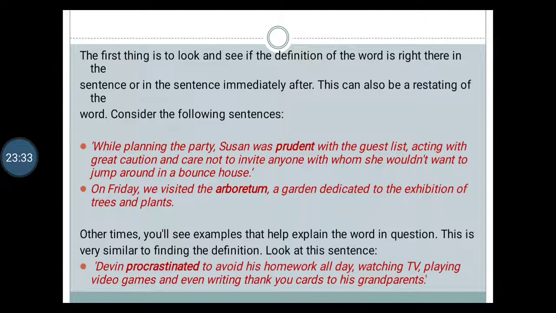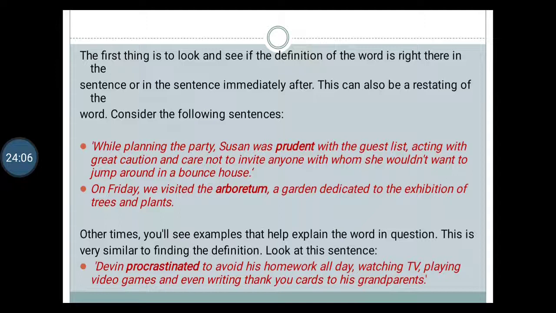Okay, now the word here is prudent. What does prudent mean? The definition of prudent is right here in this sentence. Prudent with what? She is being prudent with the guest list, is it not? Acting with great caution and care not to invite anyone with whom she wouldn't want to jump around. So prudent actually means acting with great caution and care.